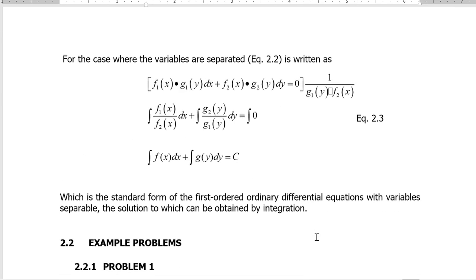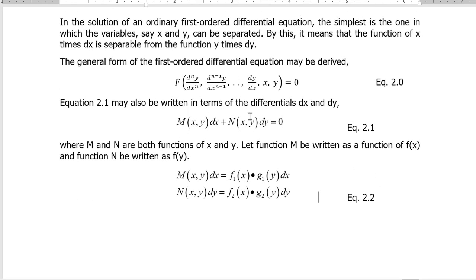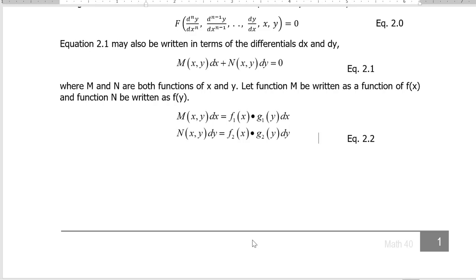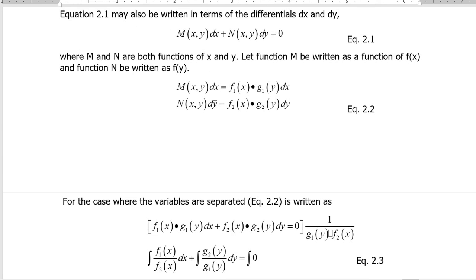For the case where the variables are separated, from M dx, we substitute f1(x) g1(y) dx, and for N we substitute f2(x) g2(y) dy.